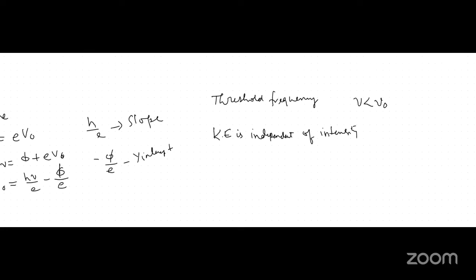He confirmed the linear relationship between V naught and nu. He measured Planck's constant from the slope, and the value he obtained was in excellent agreement with Planck's value.